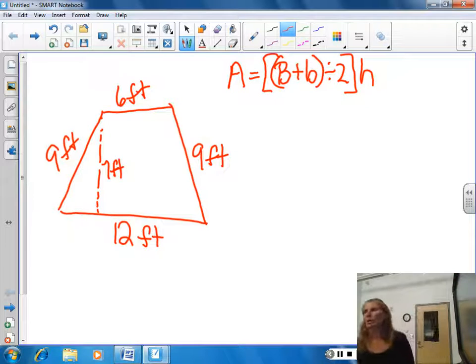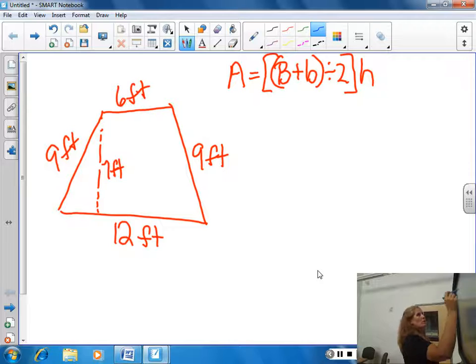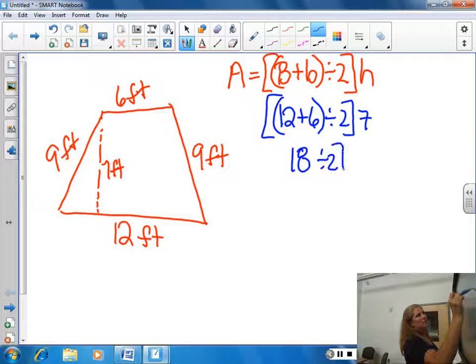So if you haven't yet, shut the video off and try this and then turn it back on and see if you got it right. So our big base is 12 and our little base is 6. Oh, I keep getting 18. 18 must be a lucky number for me today. And then the height is 7. 12 plus 6 is 18. 18 divided by 2 is 9.